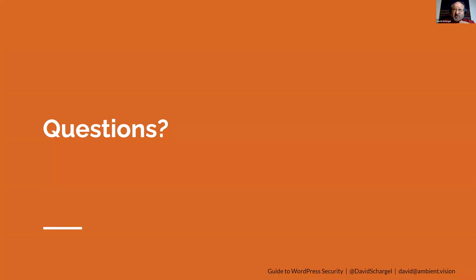CAPTCHA is a popular one. Matter of fact, if you're using Cloudflare, I think you mentioned using Cloudflare, Cloudflare has something called Challenge and JS Challenge. You can set JS Challenge on your wp-admin directory, and no one is getting through unless they know what they're doing, right? You know what I mean by that? So those are the other ways around it, but it's still some sort of additional authentication besides the username and password.